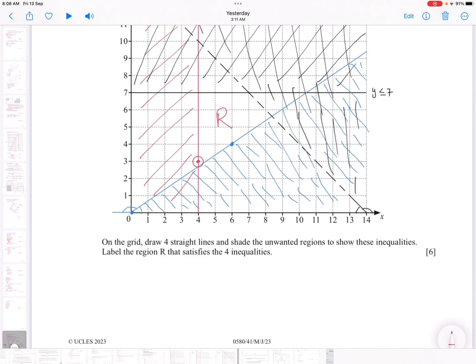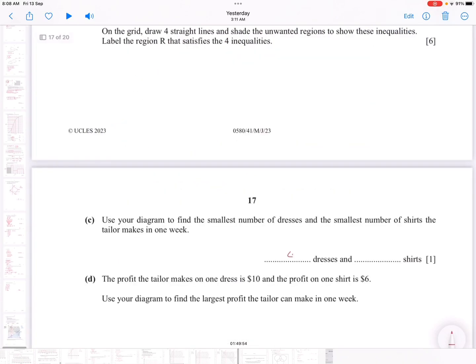From 4 on the x-axis, these are dresses, and from 3 on the y-axis, these are shirts. So 4 dresses and 3 shirts.